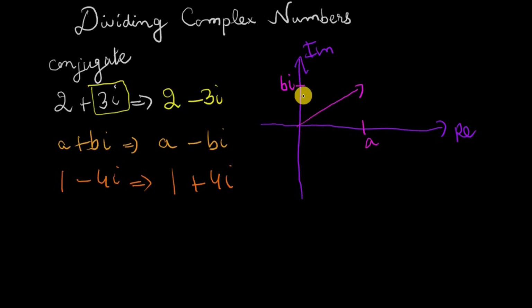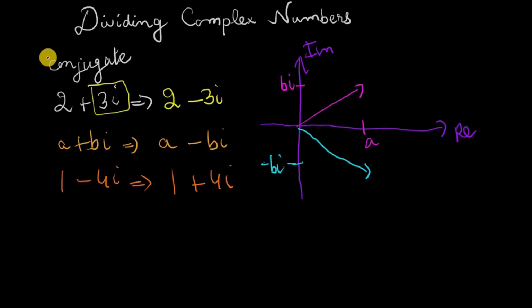Now the conjugate would still have a as the real part, but for the imaginary part, we would have a negative bi. You can think of this as a reflection in the real axis. You can think of this as a pond, and the conjugate is the reflection in the water of the complex number.